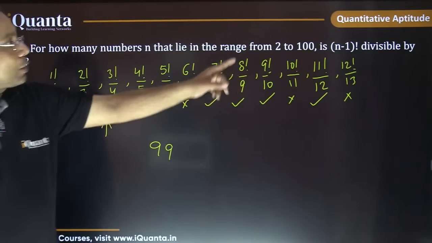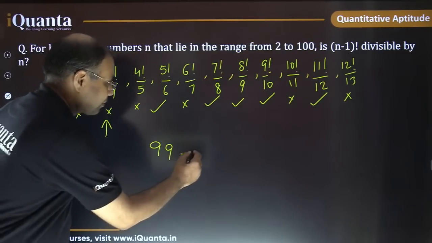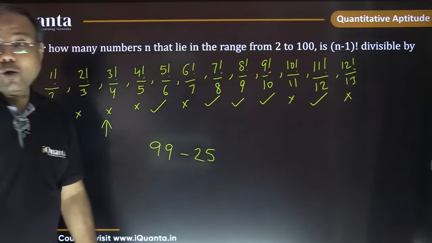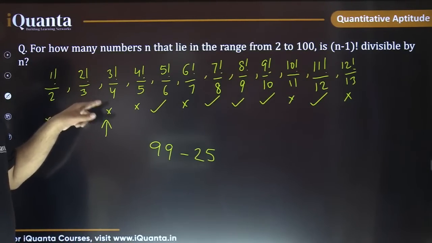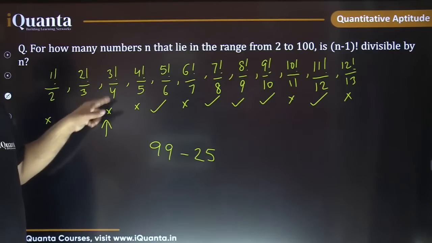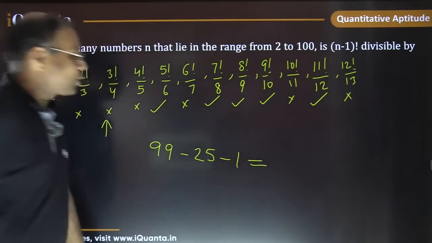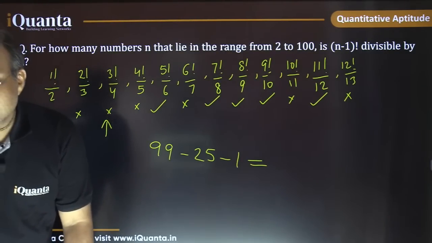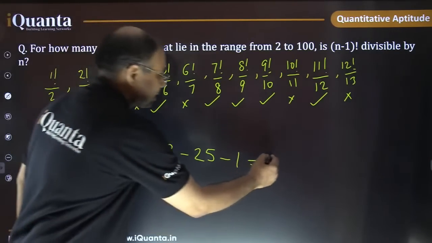So up to 100, how many prime numbers are there? There are 25. Fine. And also I need to discard this extra number 4, which is not prime, it's a composite, but it also doesn't satisfy. So one more number is to be discarded. So this is your right answer. Okay, so 73 it is.